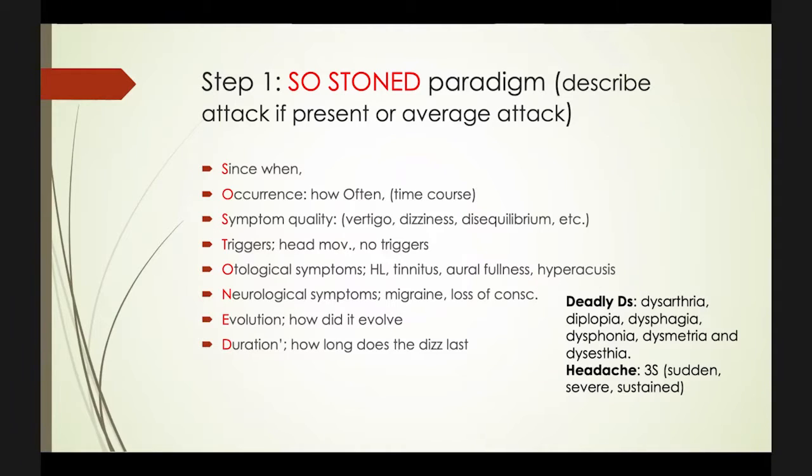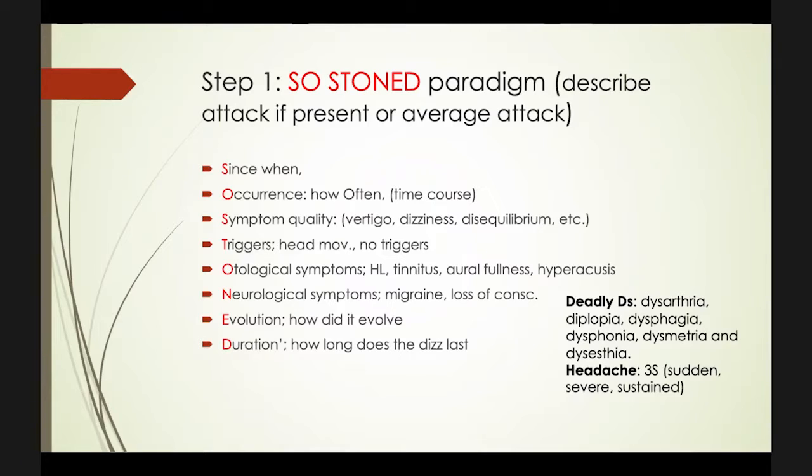T is the triggers. It's triggered by head movement, by walking, by drinking something, or sleep disorder. So what's the trigger? Or a car driver. Then O is otological symptoms: hearing loss, tinnitus, aural fullness, hyperacusis, and neurological symptoms like migraine or loss of consciousness.